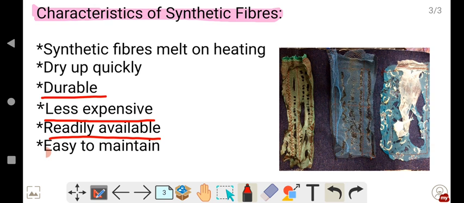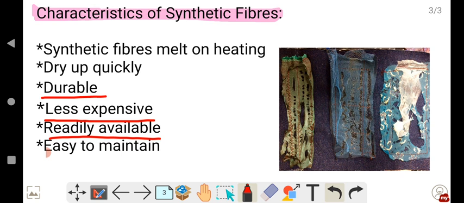They are easy to maintain, because they won't get wrinkles if you fold and keep them. And they dry up very quickly after washing.